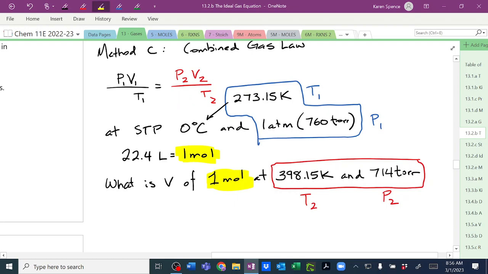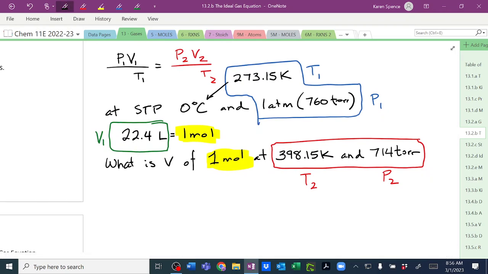So we just have PV over T. If things stay the same from one side to the other, you can just leave them out. And we know that the volume at STP, which is V1, is 22.4 liters. So into our formula, P1 V1 over T1 equals P2 V2 over T2.